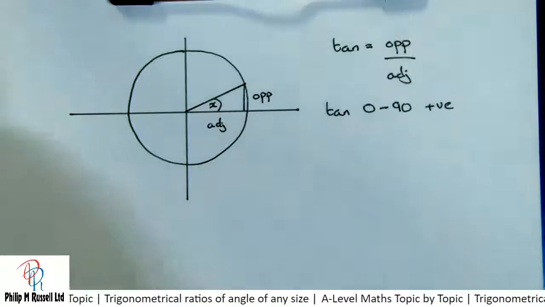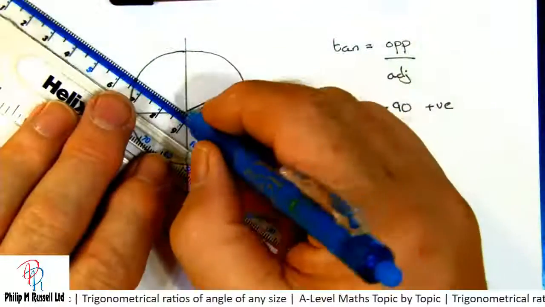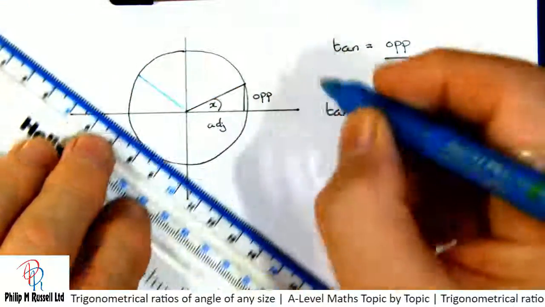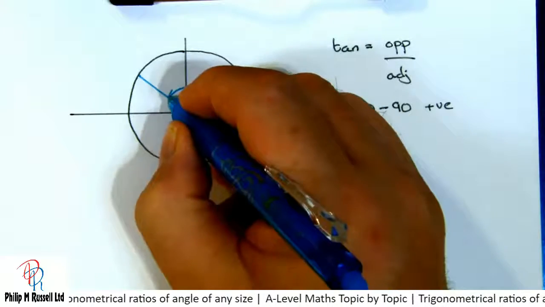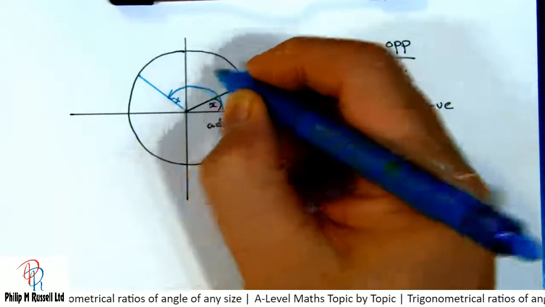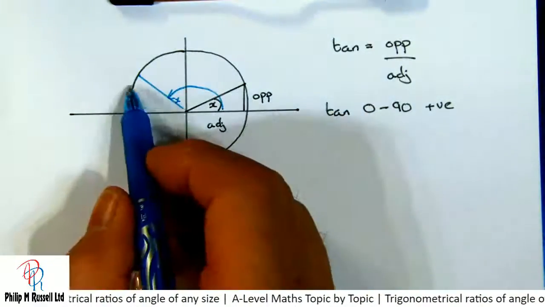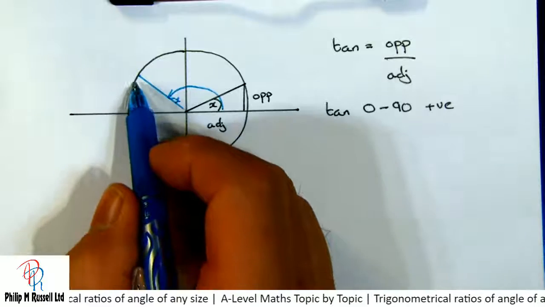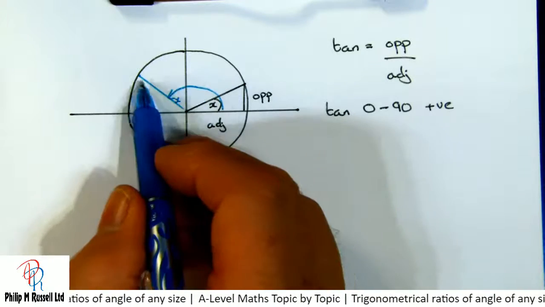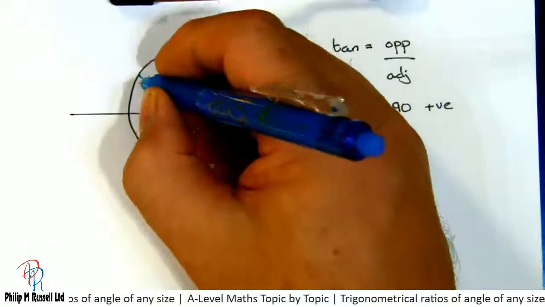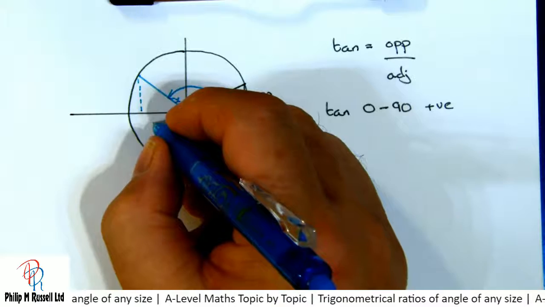If we draw this in as an obtuse angle, then this angle x here, my opposite value is still going to be positive, but my adjacent value down here is going to be negative.